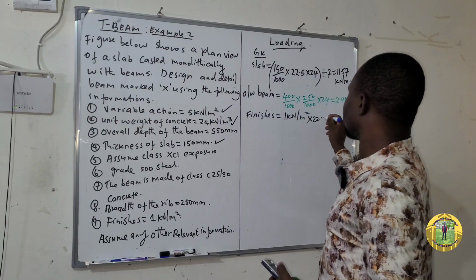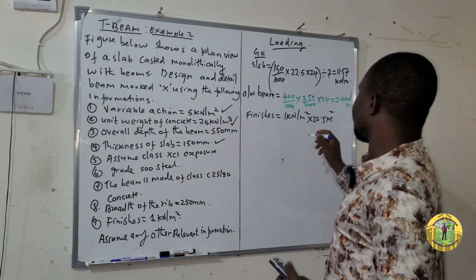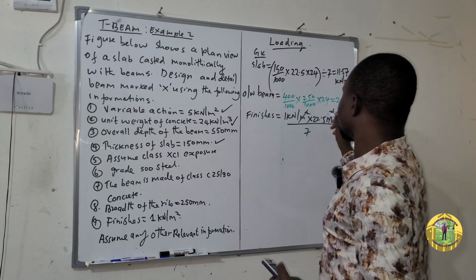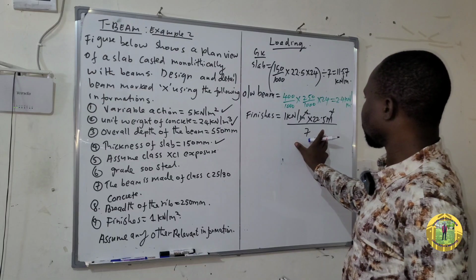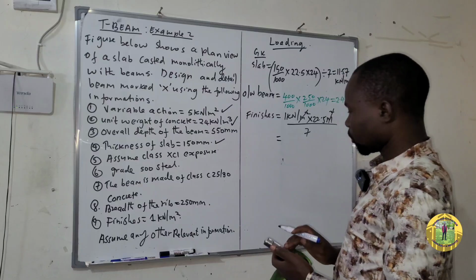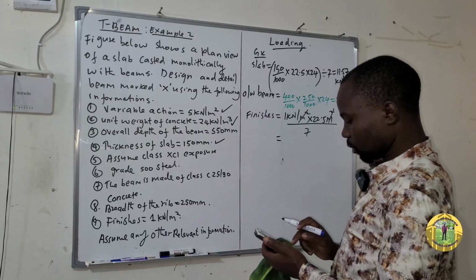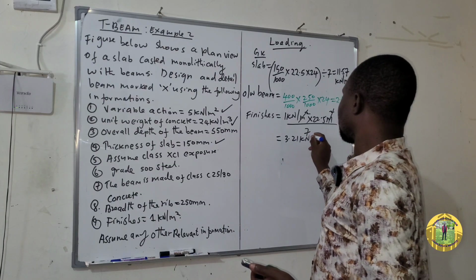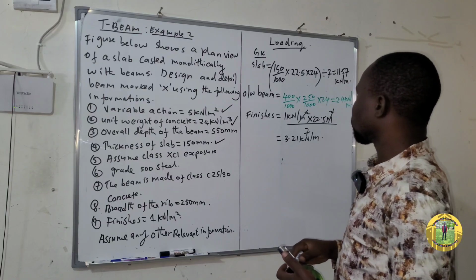So times 22.5 meter square, and then you divide everything by 7, because meter will cancel with meter, so you remain with kilonewton. And to make this loading UDL, divide it by the span. So this one is equal to 22.5 divided by 7, 3.21 kilonewton per meter.